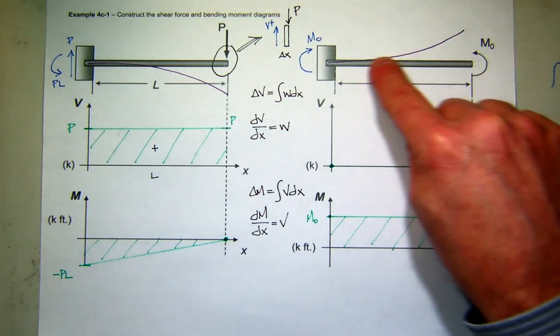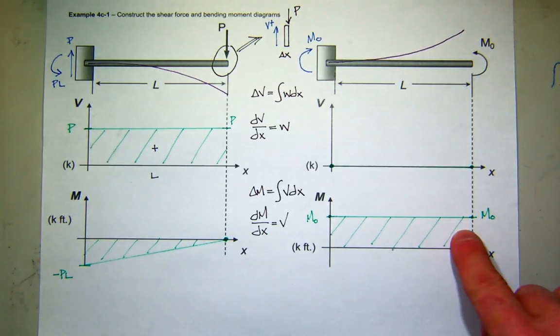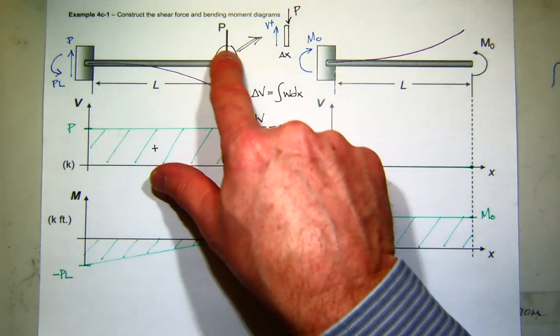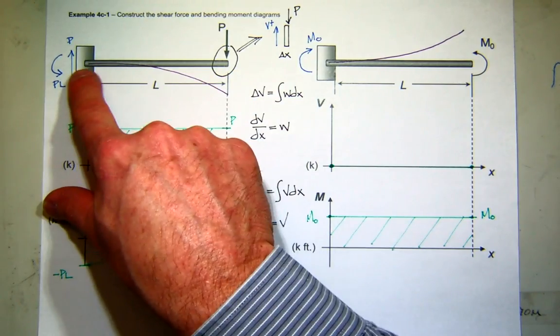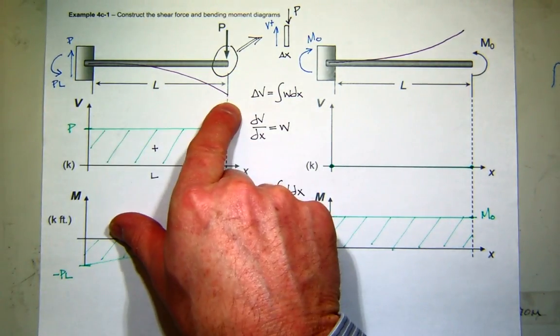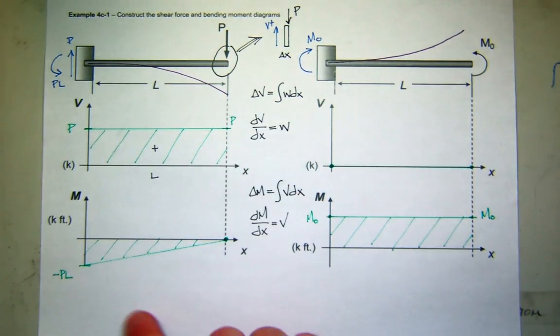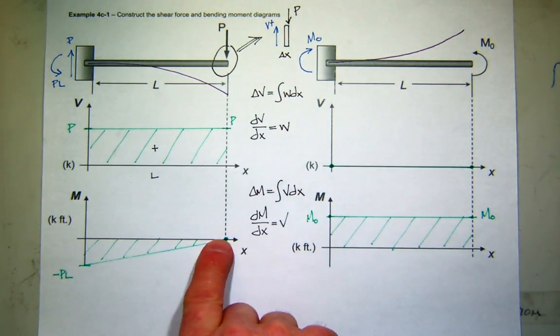That's positive curvature, so you have positive bending moment. Compared to this side. Now when I push this down, hopefully you can see that it's definitely got to bend like that, right? And that's negative. Everywhere it's negative, so everywhere the bending moment is negative.